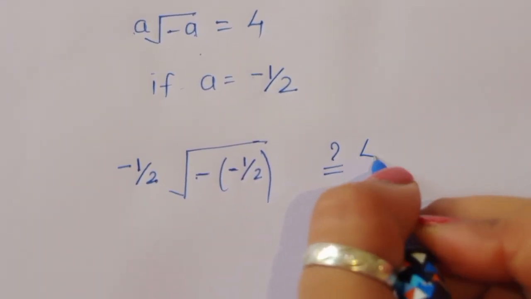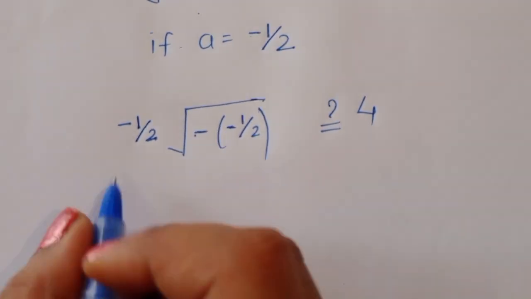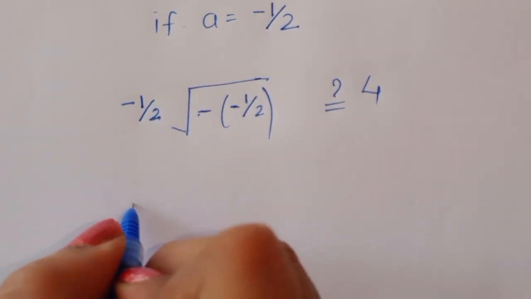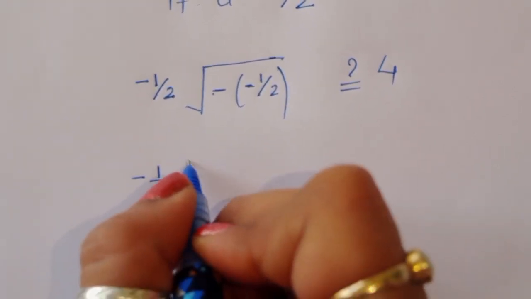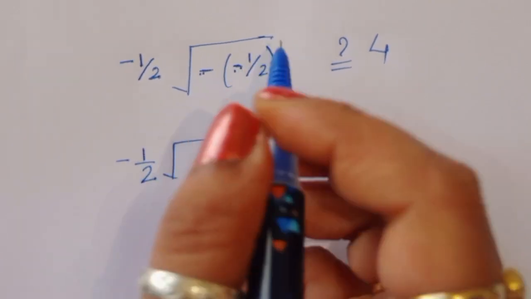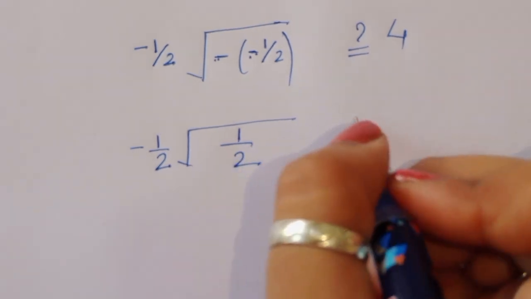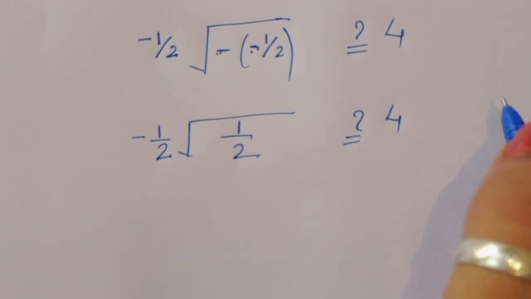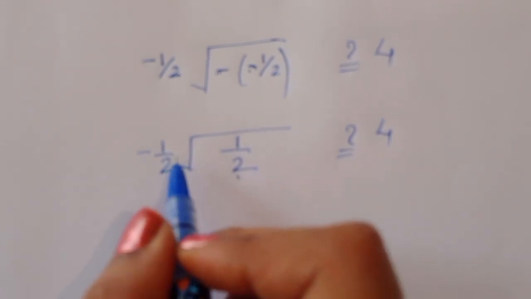This is given, so we have to prove that it equals 4. Now minus 1 by 2 stays the same, and minus times minus gives plus, so we can write square root of 1 by 2.